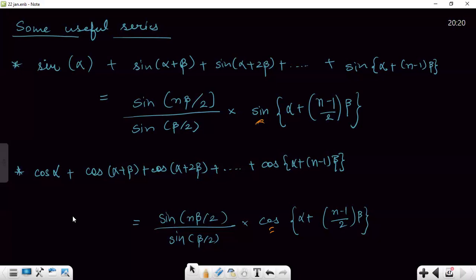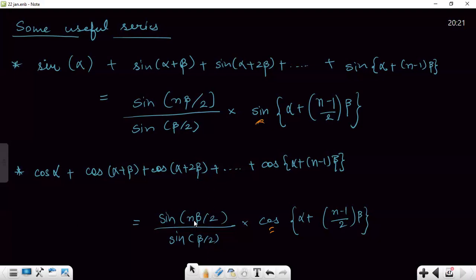Thereafter, the formula comes out as sine of n beta by 2 divided by sine of beta by 2, multiplied with the respective trigonometric ratio, sine or cosine, of alpha plus n minus 1 divided by 2 into beta. It is somewhat the same.